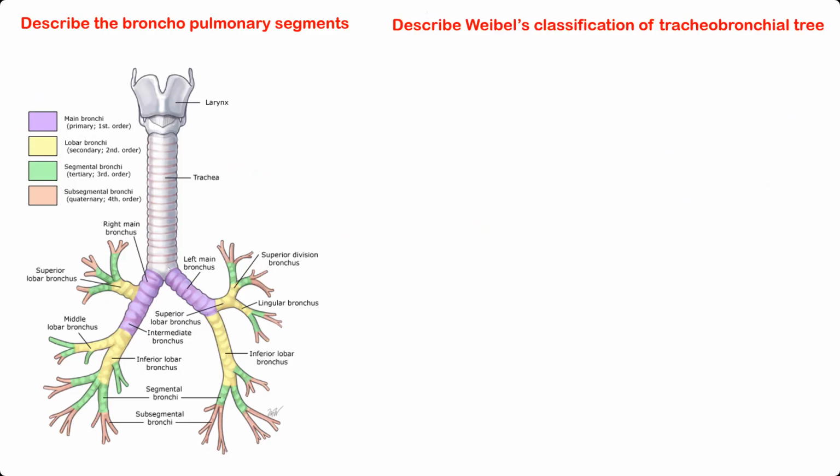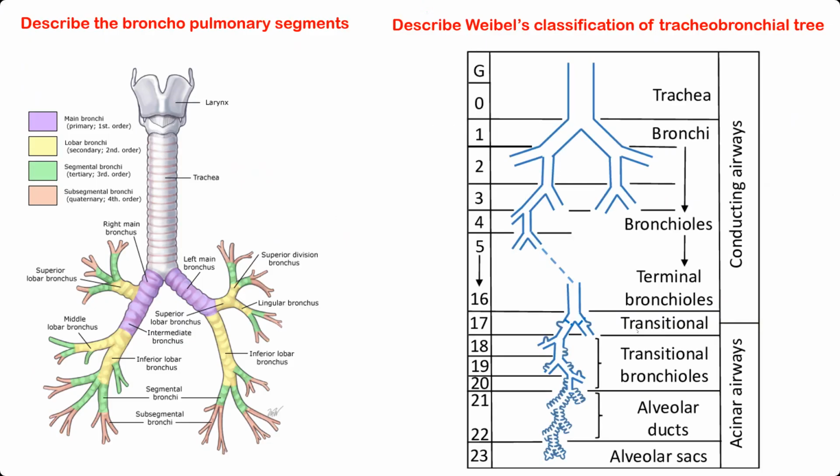So the trachea is there, the anatomy of the trachea, all of you should know. And then as it divides, this is called the Weibel's classification of the tracheobronchial tree. How many generations are there? The divisions, all generations, you can see the G. So 23. The trachea divides into two, each one divides like that.